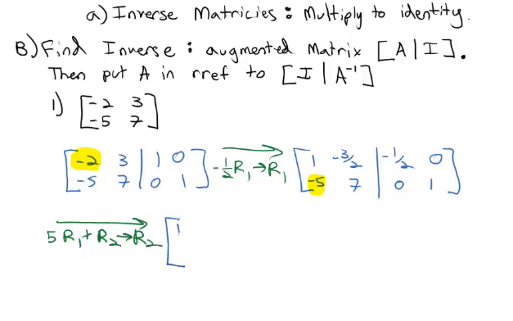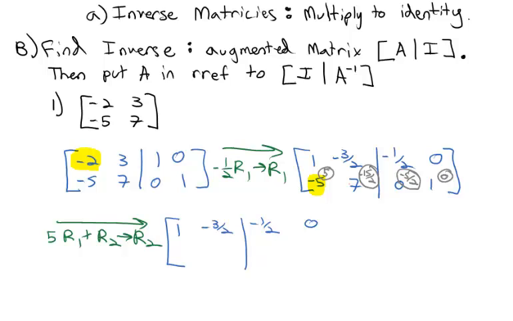So row 1 is unchanged, 1, negative 3/2, negative 1/2, 0. When we multiply row 1 by 5, we get 1 times 5 is 5. Negative 3 times 5 is negative 15 over 2. Negative 1 times 5 is negative 5 over 2. And 0 times 5 is 0.